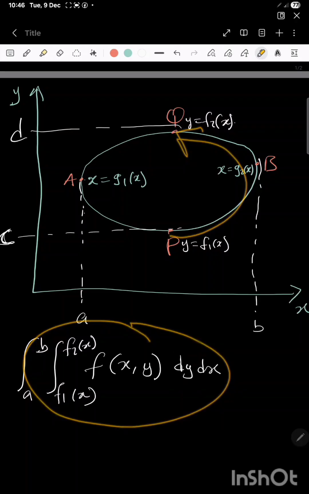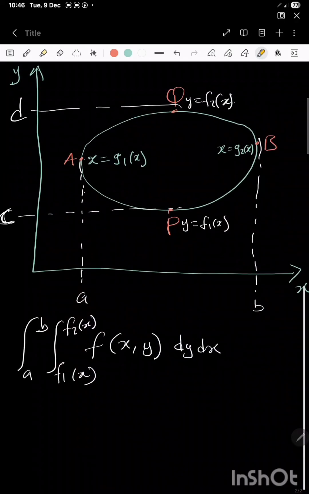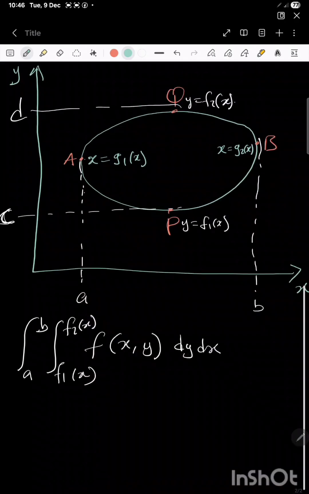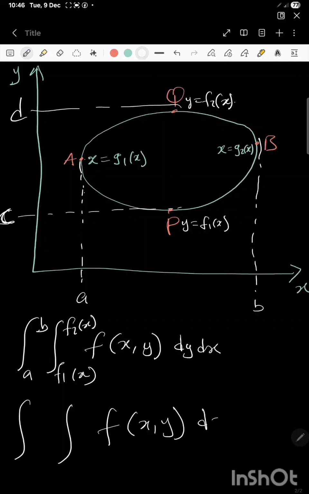Okay, now from there we can also take another choice of integration. Remember here we've gotten the choice of integration to be dy dx. Now we can also take another choice of integration which can be dx dy. So taking that choice of integration, let's say that our choice of integration is going to be integrating this function of x comma y with respect to x and then later on with respect to y.